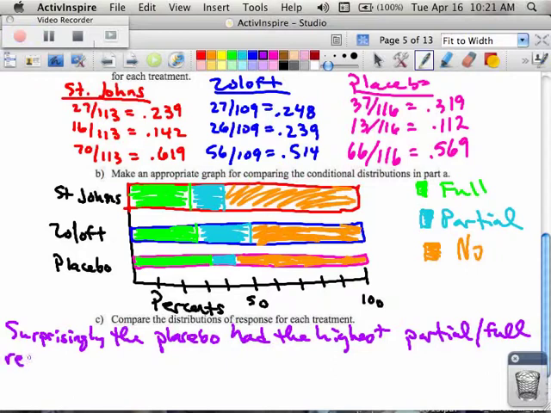No, I didn't. No, just full. Just full. Combined. Nope, no, because look at the bar graph. Looking at Zoloft is highest.